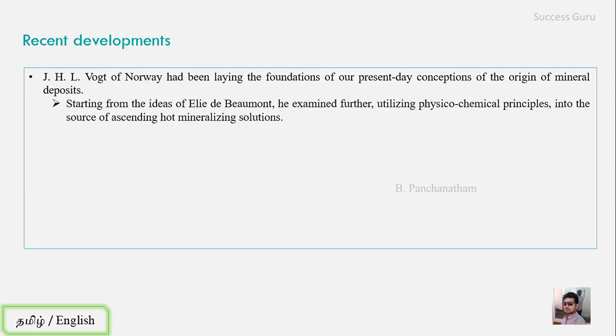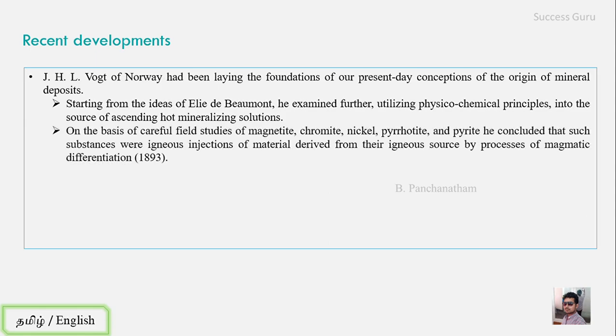Starting from the idea of Lindgren, he examined further, utilizing physico-chemical principles, the source of ascending hot mineralized solution on the basis of careful field studies of magnetite, chromite, nickel, pyrrhotite, and pyrite, and concluded that such substances were igneous injections of material derived from the igneous source by the process of magmatic differentiation. So he proposed in 1893 that there is a process called magmatic differentiation, that is separation of minerals from the magma at different pressure and temperature conditions.